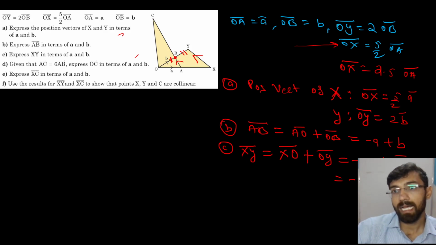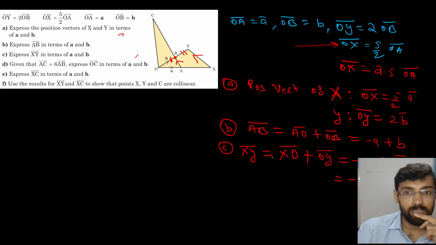Minus of OX is minus 5 by 2 A vector. Plus, what about the OY vector? Since OB is B vector and B is the midpoint, OY is double the OB, so I can write it as 2B vector. So part C is also done.